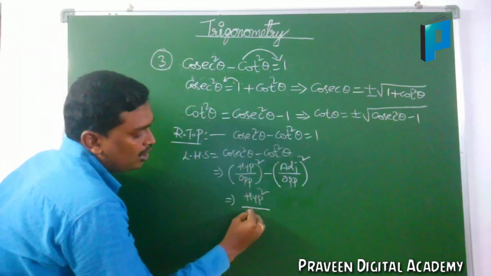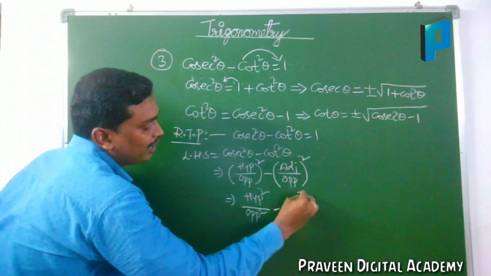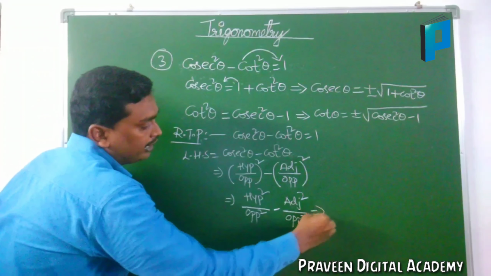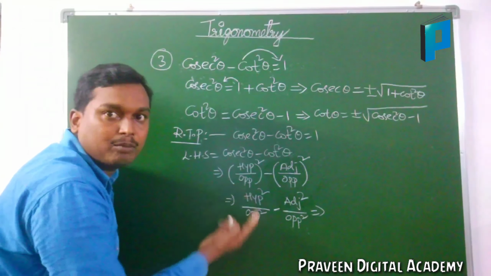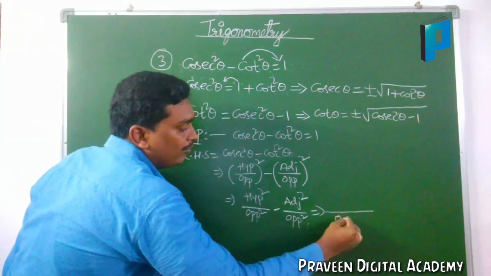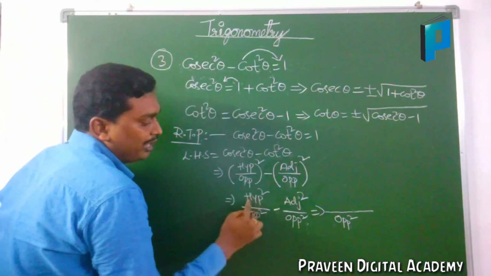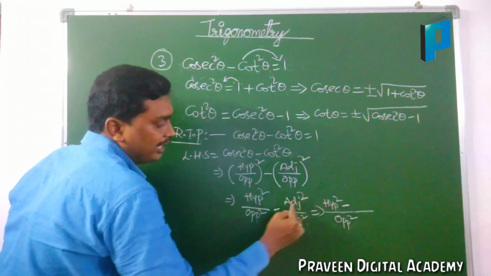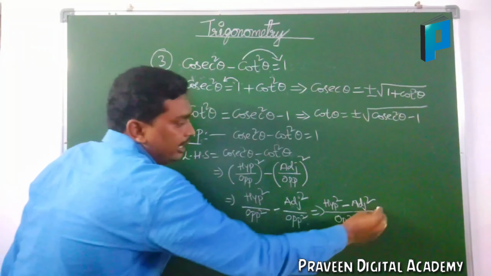Hypotenuse square by opposite square minus adjacent square by opposite square, we got here. Here the denominators both are the same, opposite square. What to do when denominators are the same? Take one denominator only. Subtract these both numerators. What is there here? Hypotenuse square, minus is minus, adjacent square we got here.